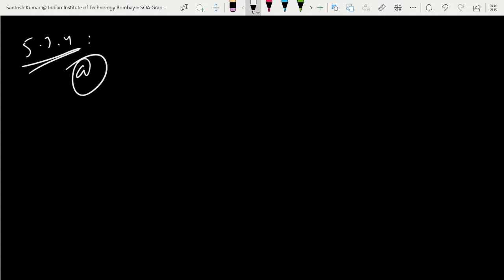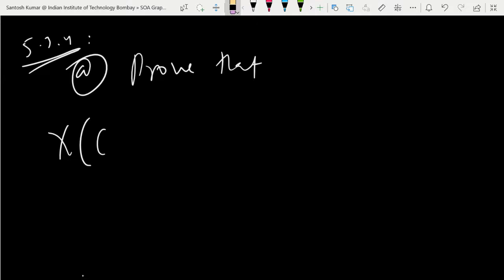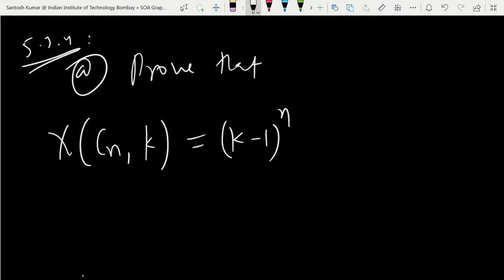Part A was to prove that the chromatic polynomial for Cn, a cycle with n vertices, is equal to (k minus 1) raised to power n plus (minus 1) raised to power n into (k minus 1). So this formula we can use to find the chromatic polynomial of any cyclic graph.